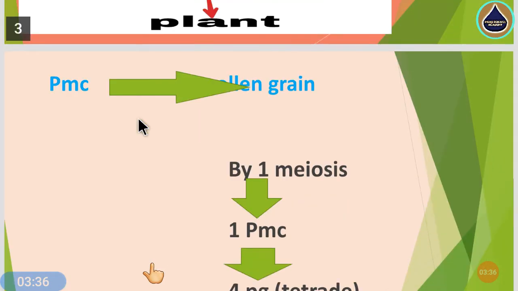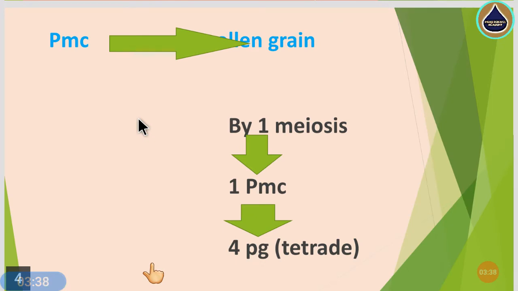Now we'll go for the number of cell divisions that is needed for the formation of this pollen grain. Dear students, you can see here the term PMC, meaning pollen mother cell. This pollen mother cell is a diploid cell having 2n number, and it is needed for the formation of the pollen grain, because the pollen grain eventually forms the male gamete.